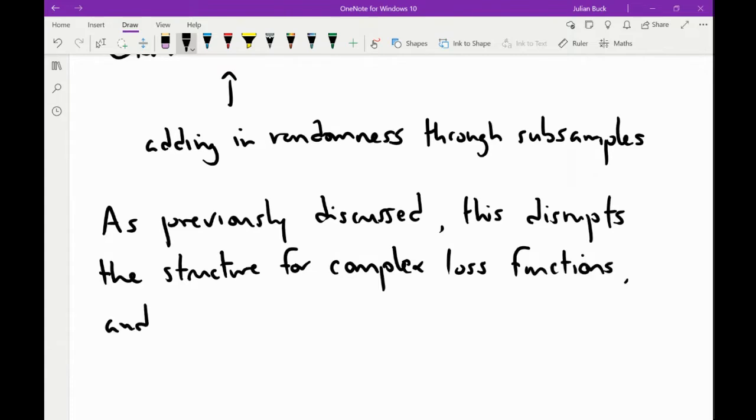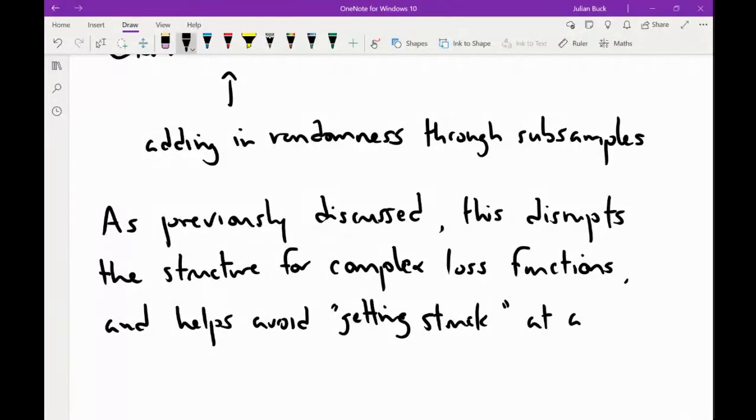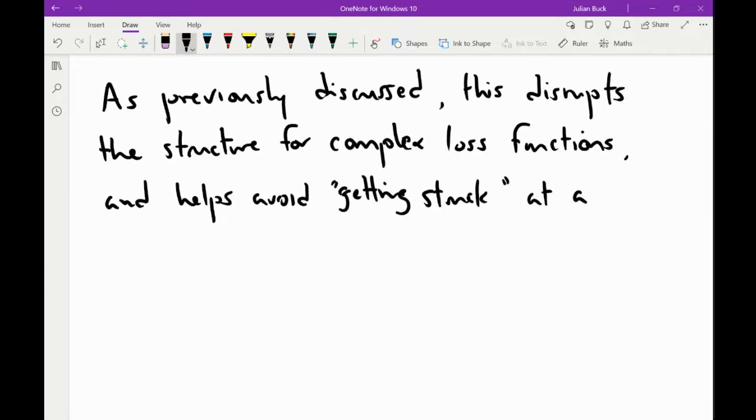And helps avoid what we described as getting stuck at a non-optimal point in the gradient descent algorithm.